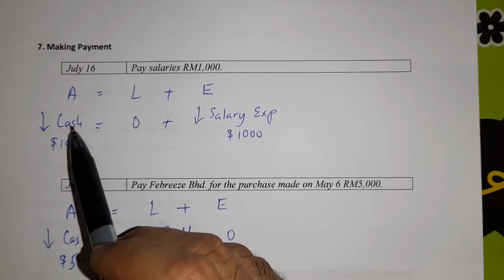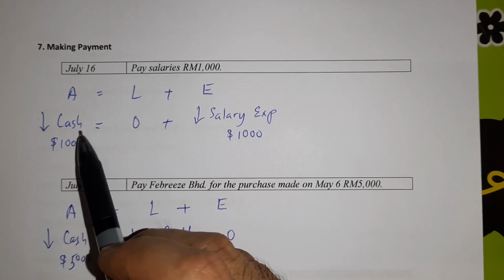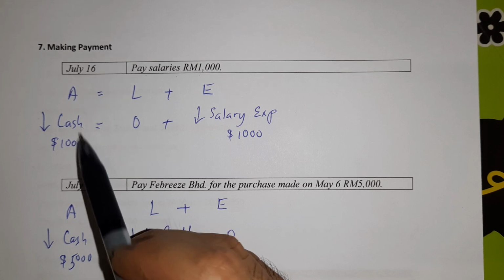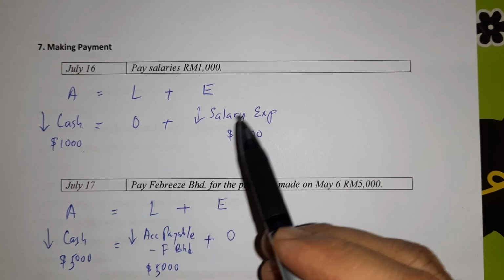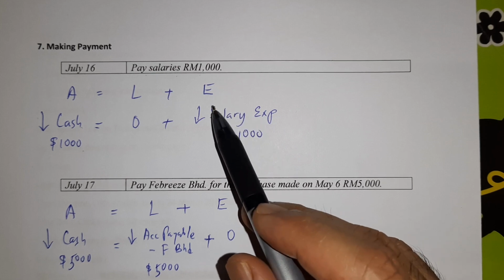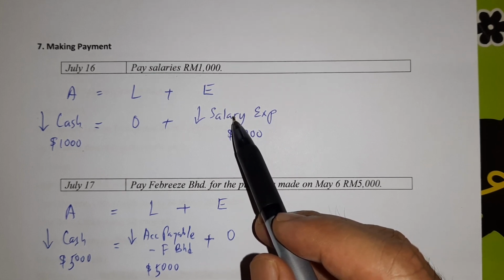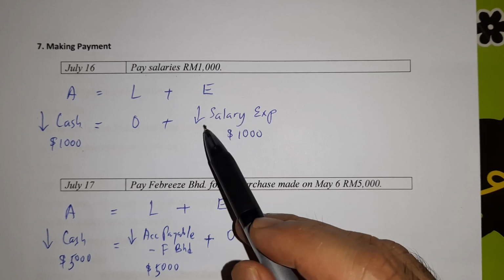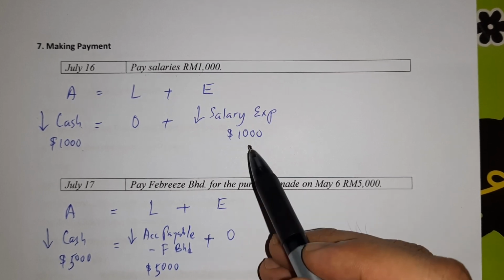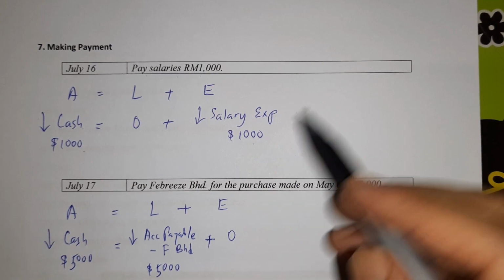First, the asset cash decreased because the business pays somebody, cash out. So asset cash decrease 1,000, and an expense is related to equity. So when there is an expense, the equity decreases. The name of the expense is salary expense. The amount is 1,000.